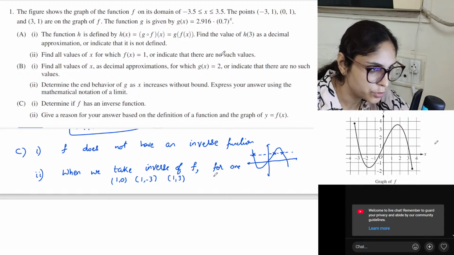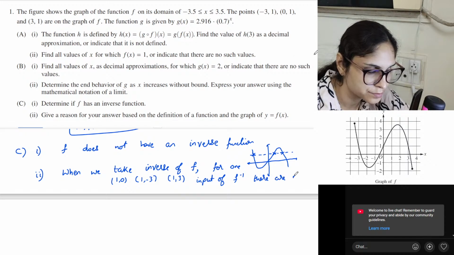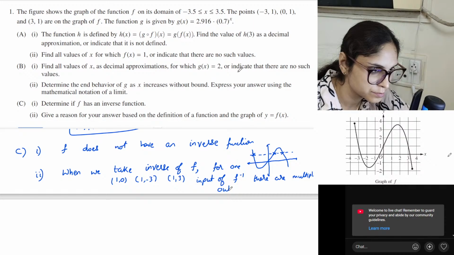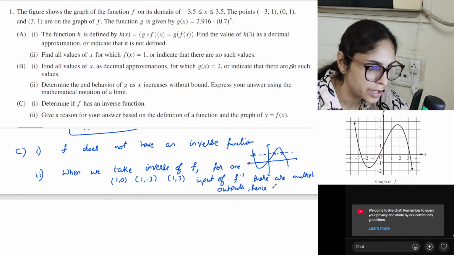For one input of f inverse, there are multiple outputs. Hence, inverse is not possible.